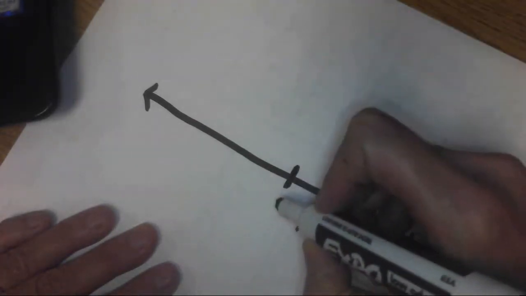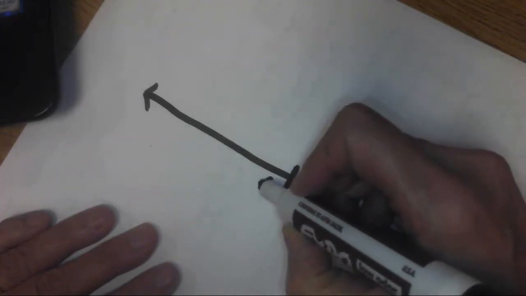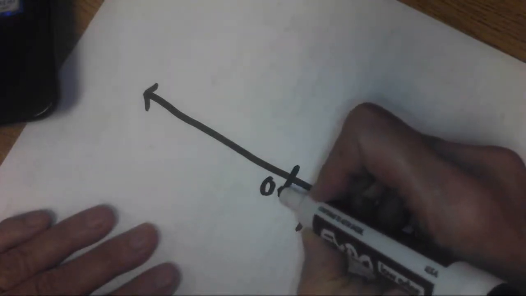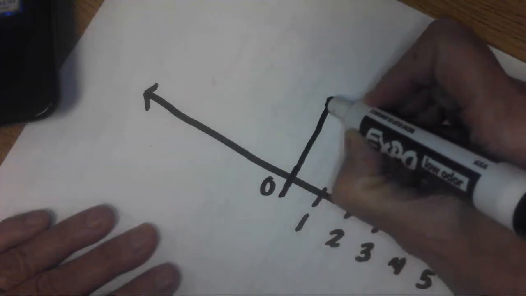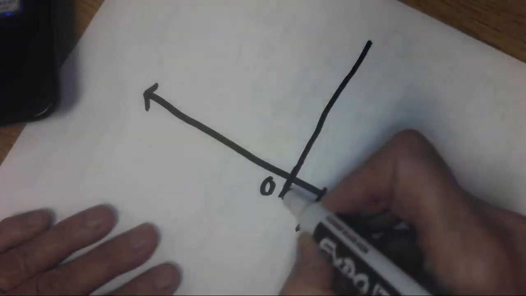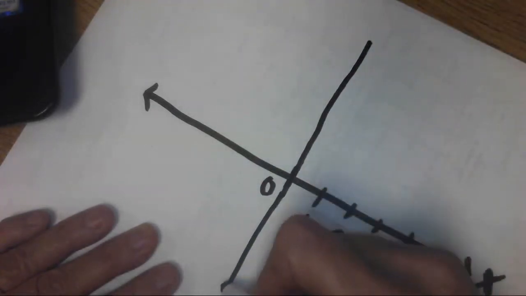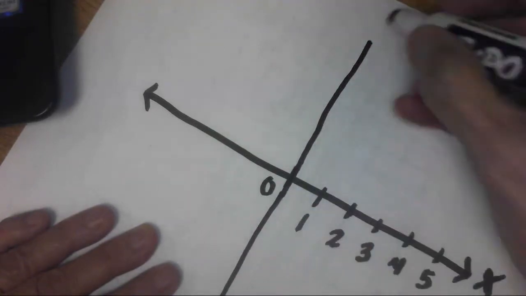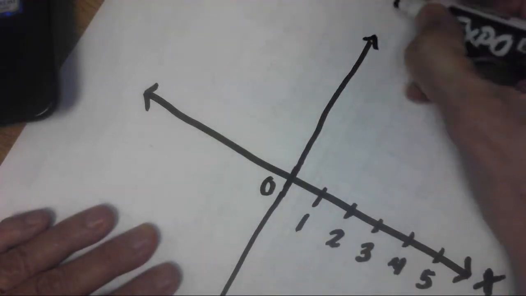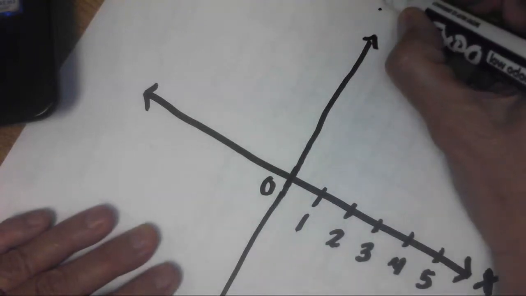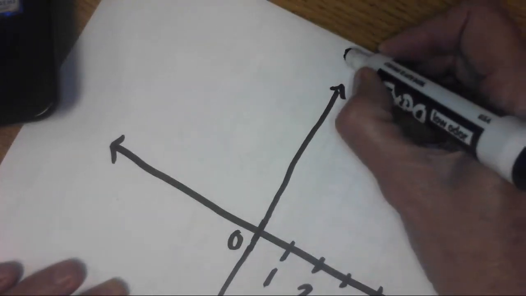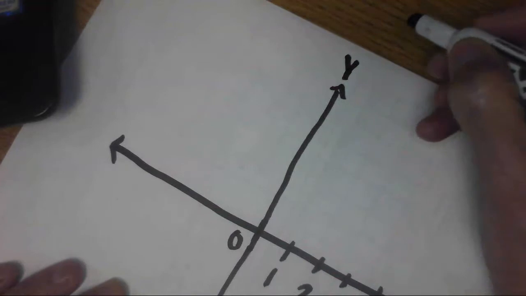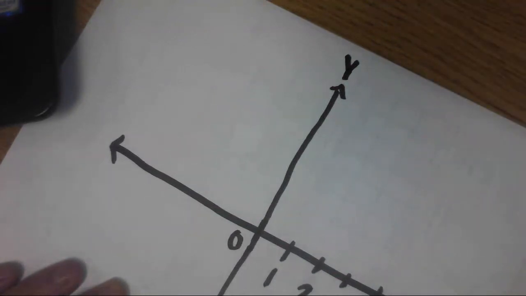Now, that is the x-axis, but as you'll remember, we also have a y-axis on our coordinate plane. So we're going to take our 0 point, which is right here, and we're going to make the y-axis. The y-axis goes up and down, like this, in both directions on a plane, and I will label this the y-axis. It is also a number line.